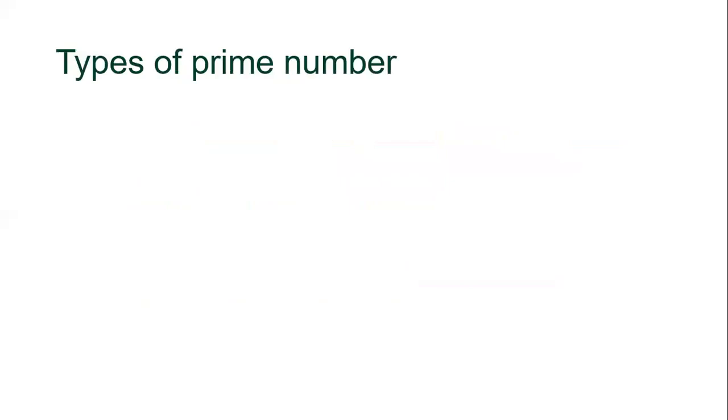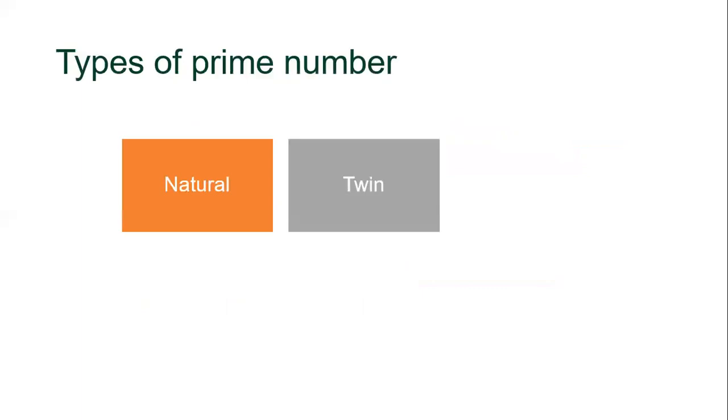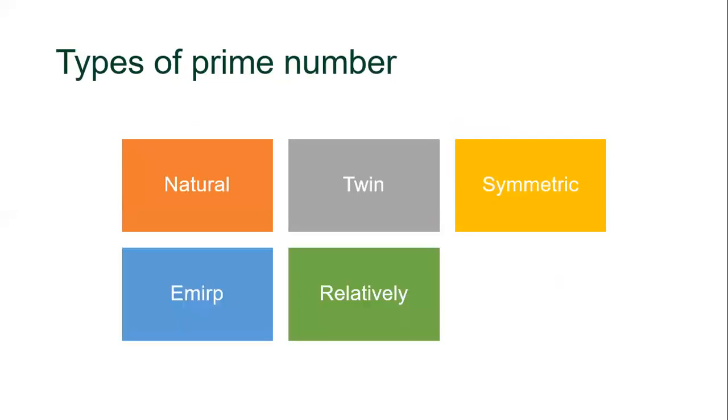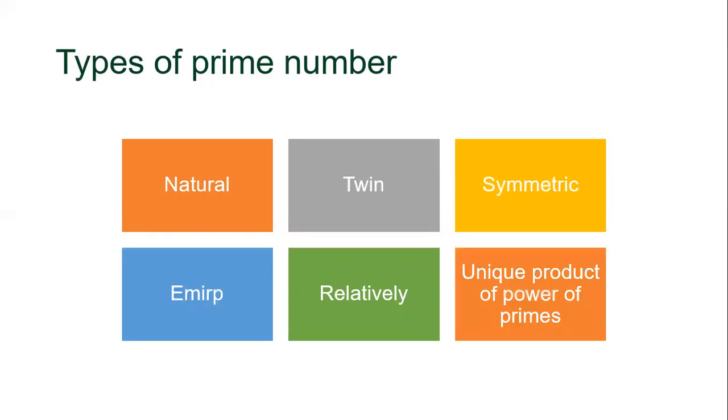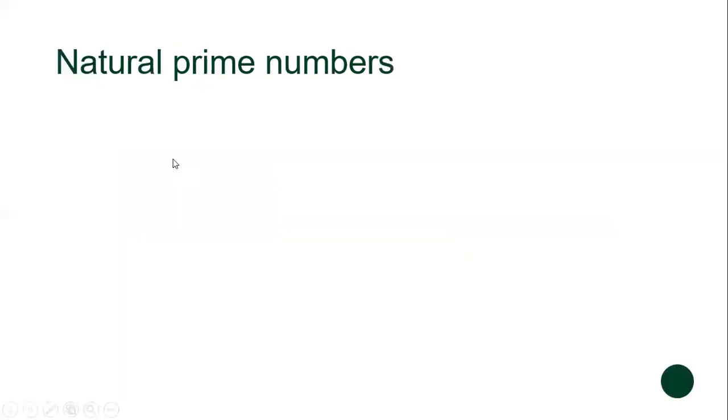Now, what are the types of prime numbers? Let's see. We have here several types. We have natural prime numbers, twin primes, symmetric primes, EMIRP, relatively prime numbers, and unique product of powers of primes. So let's first look at natural prime numbers.